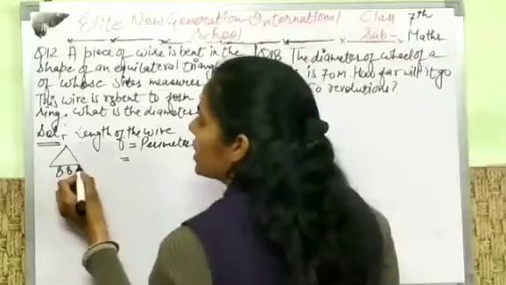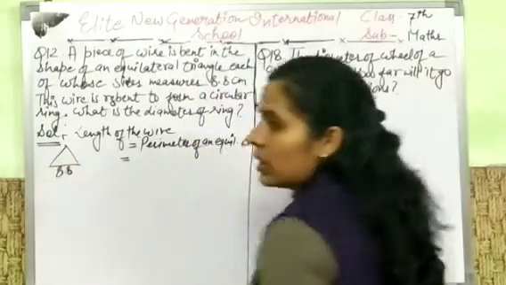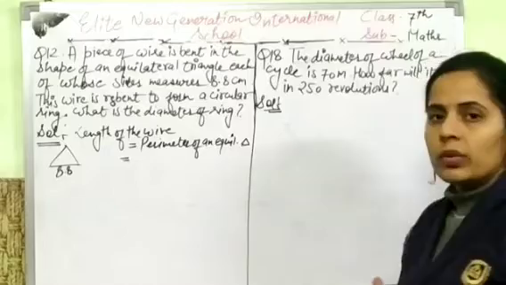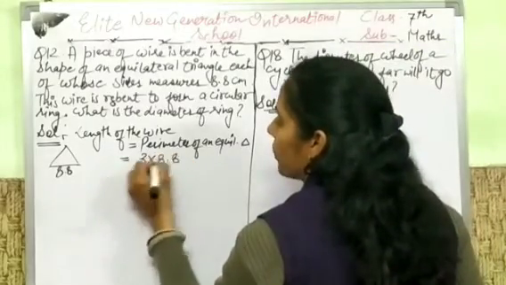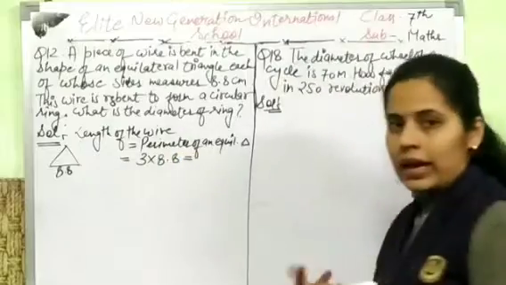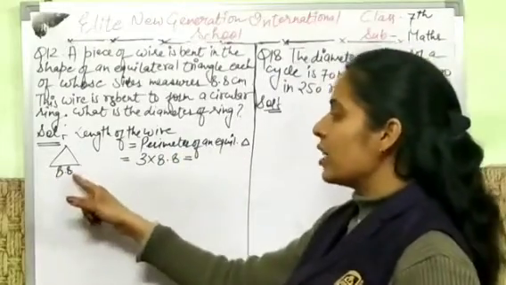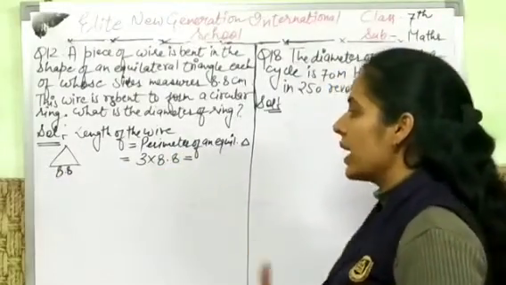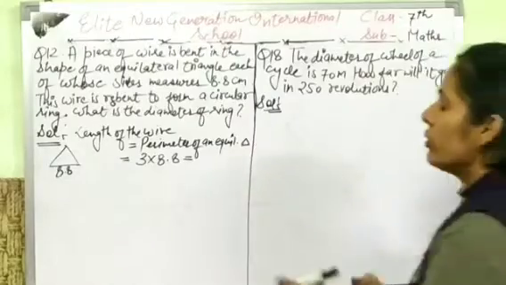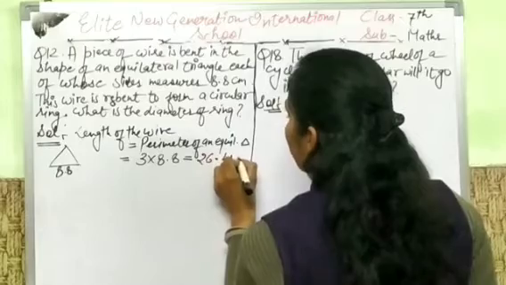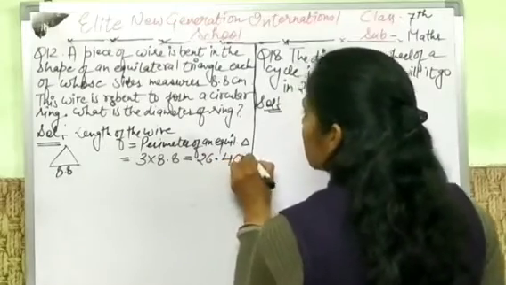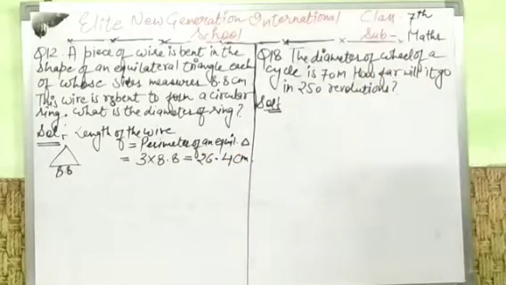So here 8.8 plus 8.8 plus 8.8, then we can find the perimeter of an equilateral triangle. It means we can also write 3 into 8.8. Instead of adding 8.8 three times, we can also multiply it by 3. So here we get 26.4 centimeters. This is the length of the wire.